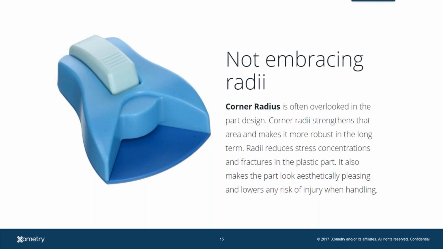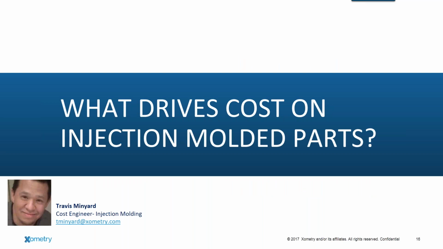And so I just recommend where you can, again, thinking about how you're designing and what direction that tool is going to be pulling from, adding radii to the maximum extent. It's going to give you the best results and most repeatable results over thousands of units. It also looks great.